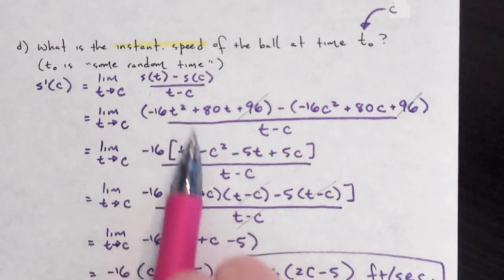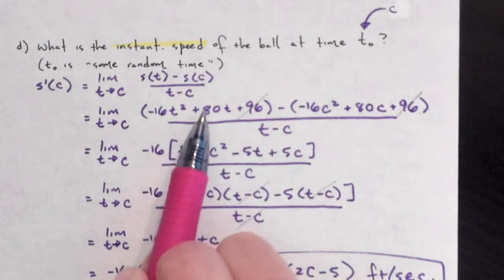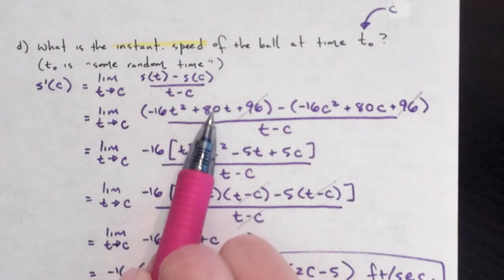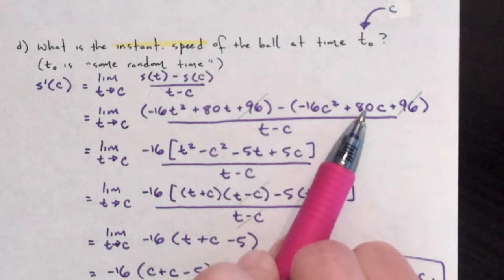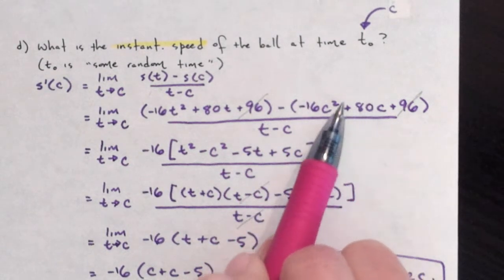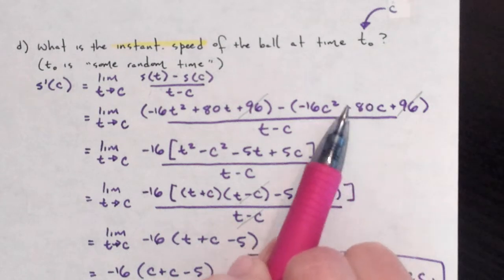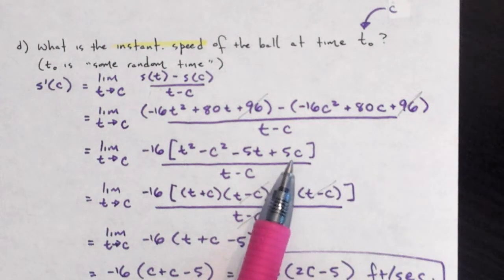So I have this one here, and I have this one here. And then if I factor out a negative 16, I would get negative 5t. And then right here, this is a negative 80, right? If I factor out a negative 16, so negative 80 divided by negative 16 is positive 5.